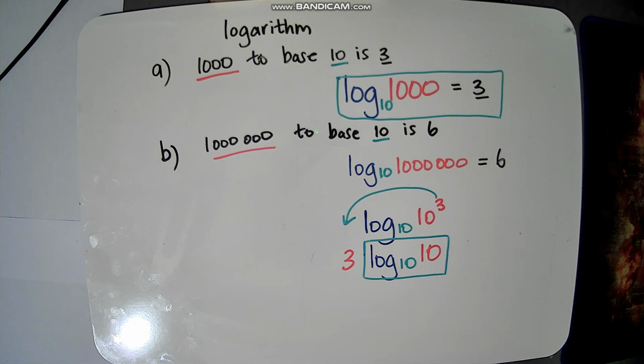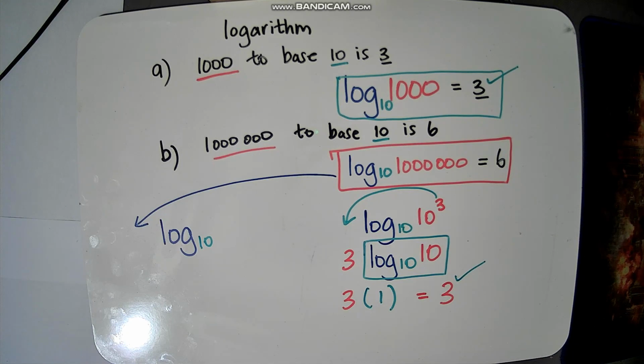So when we have base 10 followed by a 10, or for example base 5 followed by 5, this will always become a 1, all of it in the rectangular green box. 3 times 1 is equal to 3. Note the answer on the top was 3 and this answer is 3. Hope you understand. Do try the same idea with B.